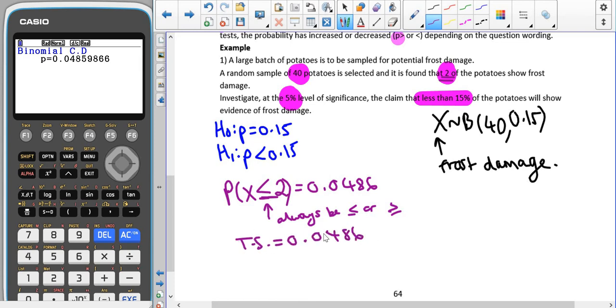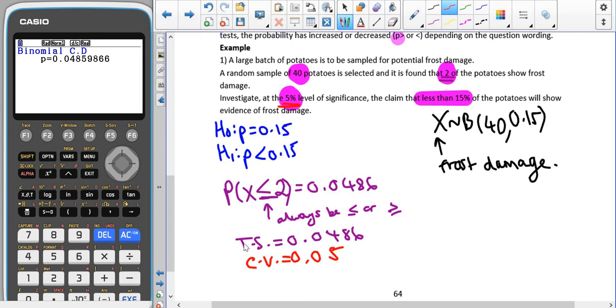What this value tells us is the chance that out of 40 potatoes, if the probability of them getting frost damage is 15%, only 2 or fewer of them would have suffered from frost damage just by chance. Now, as I said before, the critical value we get from the question for a one-tail test. So the critical value is going to be 5%, as a decimal 0.05.